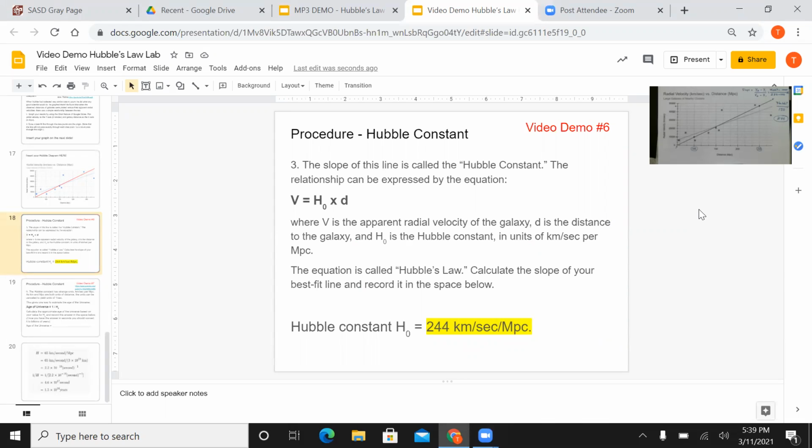But I don't want you to worry that that number is off, because your number will be off too. Edwin Hubble's value for the Hubble constant was off also when he first calculated. He got around 500 kilometers per second per megaparsec. But our currently accepted value is 70 kilometers per second per megaparsec. All right, so I want you to use your graph and calculate your Hubble constant.